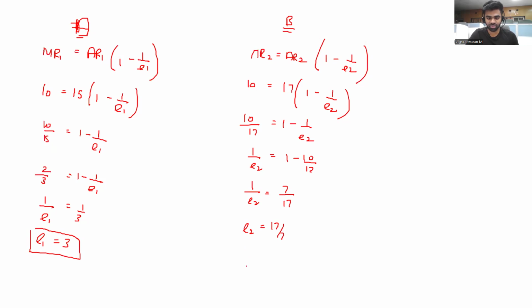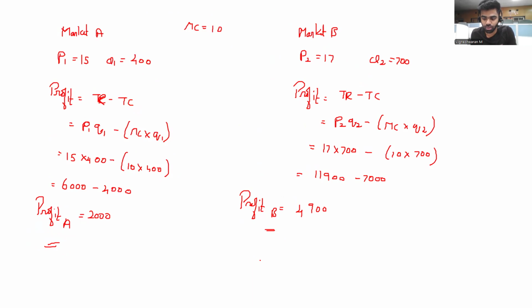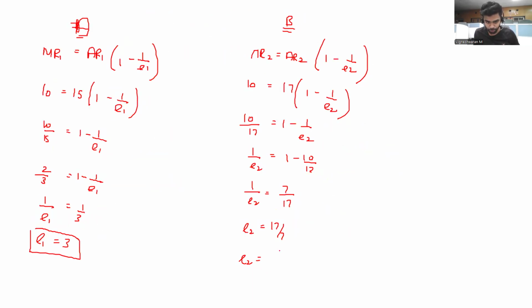E2 is equal to 17 by 7, which is about 2.4. So the elasticity of the first market is 3 and the elasticity of the second market is 2.4.